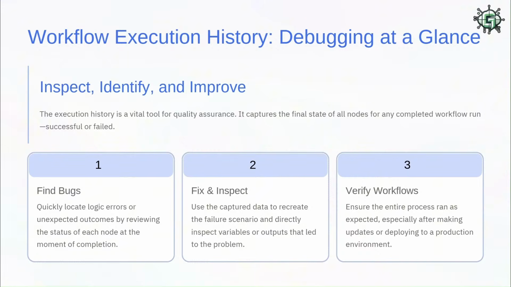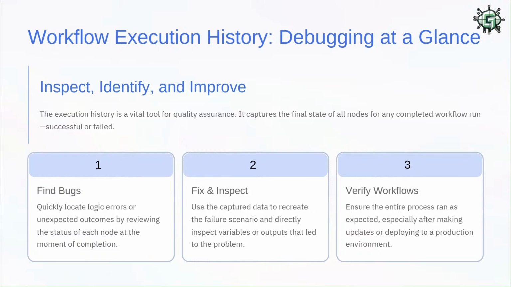You find bugs by checking which node failed or which behaved unexpectedly, what the behavior or response of the node is, and what the status code is according to the API request. Then fix it and inspect by looking into the data. We can see what actually happened at that time, and verify the workflows to confirm everything ran smoothly after updates, or whether any more improvements are needed. It's like feedback.